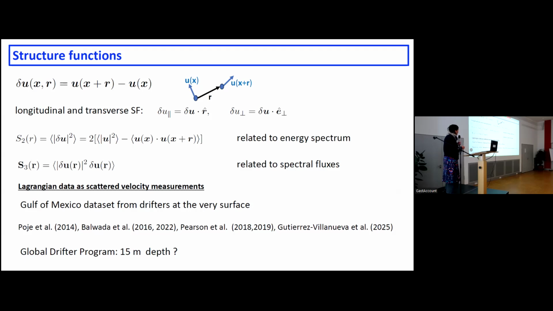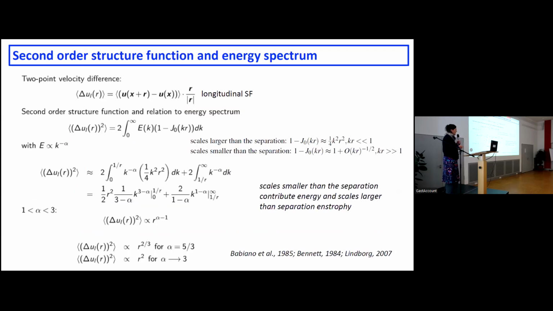So let's start with the second order structure function. You can relate via Fourier transform the longitudinal second order structure function to the energy spectrum. Then the zero order Bessel function shows up.